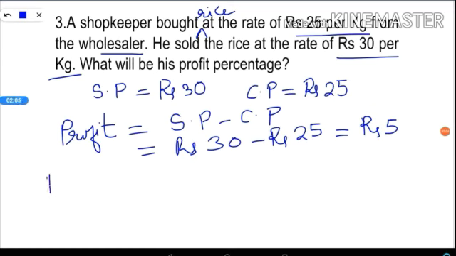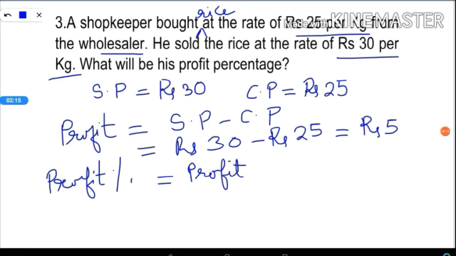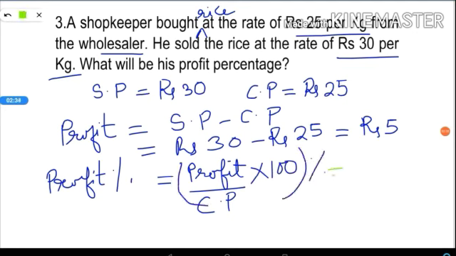But we have to find out profit percentage. So, write the formula for profit percentage, which is equal to profit by CP into 100. Put the values in the formula. 5 by 25 into 100.